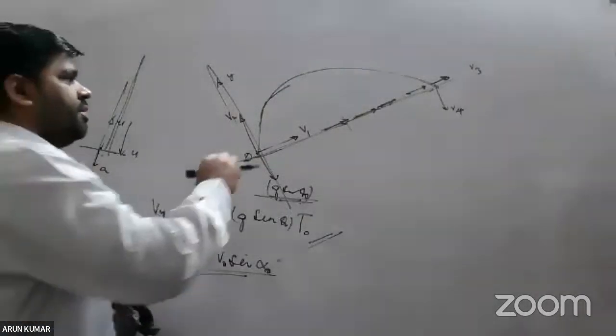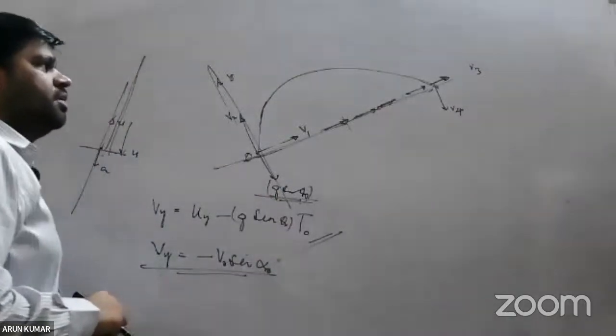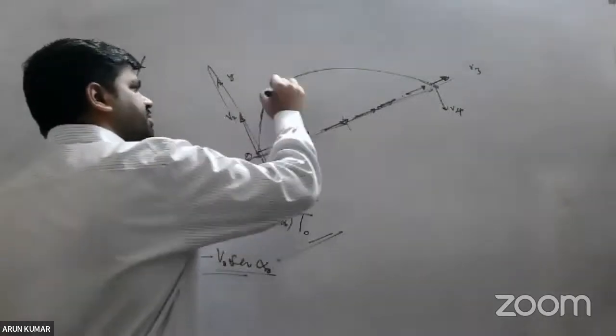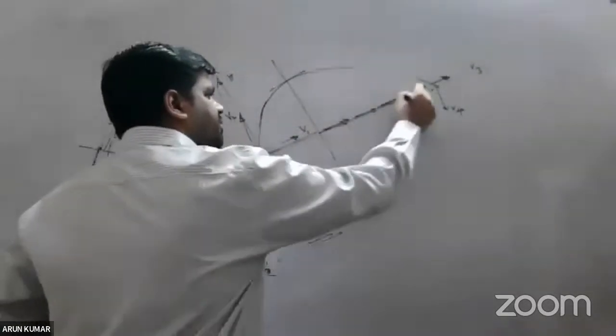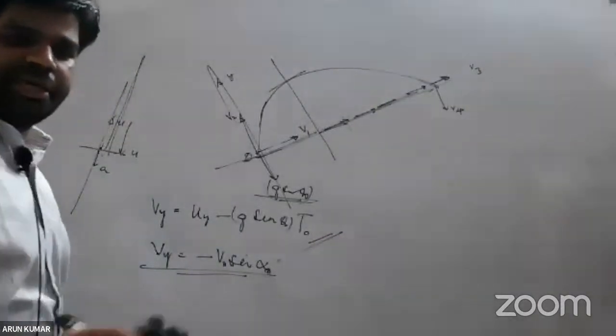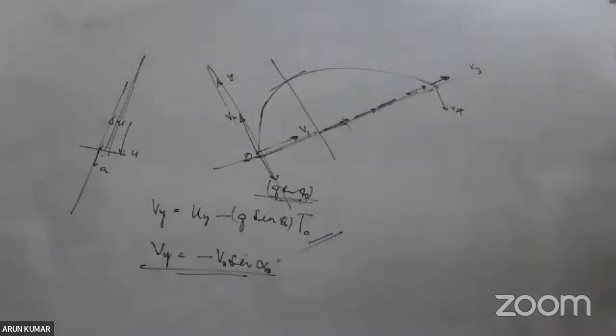Yes, sir. Now tell me whether this kind of trajectory is possible, such that when the velocity becomes 0, the maximum height is reached, and this line is lesser than this one. Is this correct if I draw a trajectory like this? I think no, sir. Why is it no?